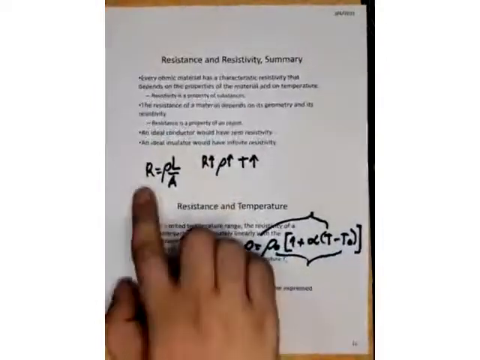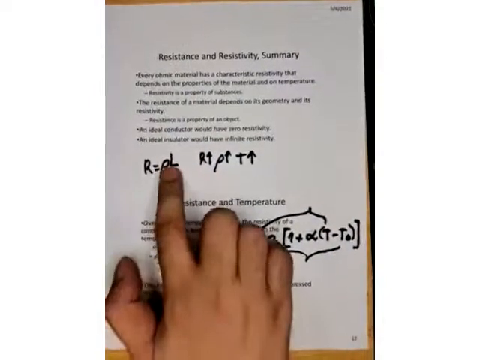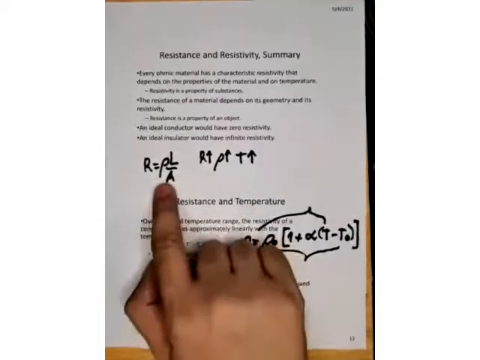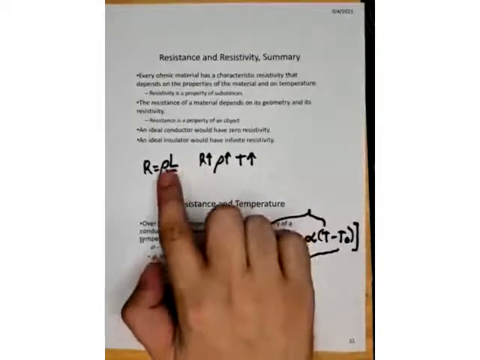Pupunta na tayo sa relation ng resistance at resistivity. Based ito sa formula, kung tumaas yung resistivity, tataas din yung resistance. Pag tinaas natin yung resistivity, tataas din yung resistance.